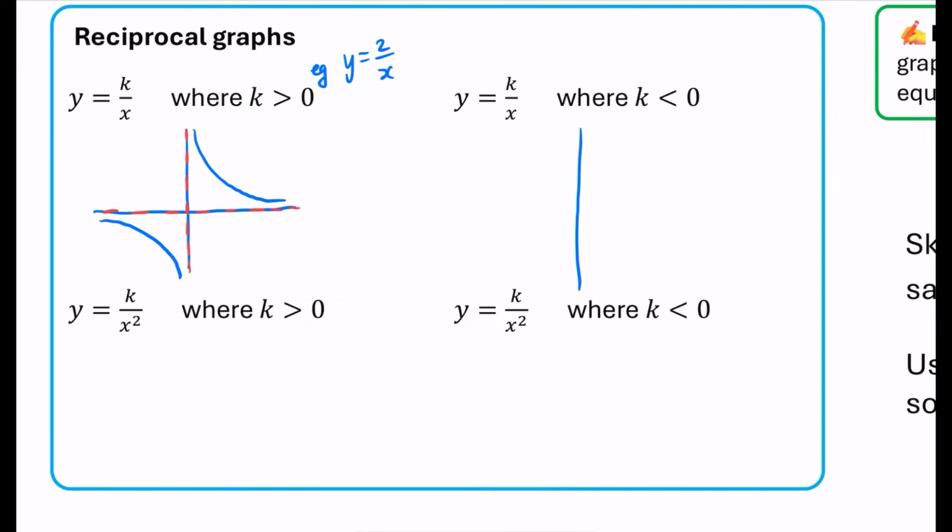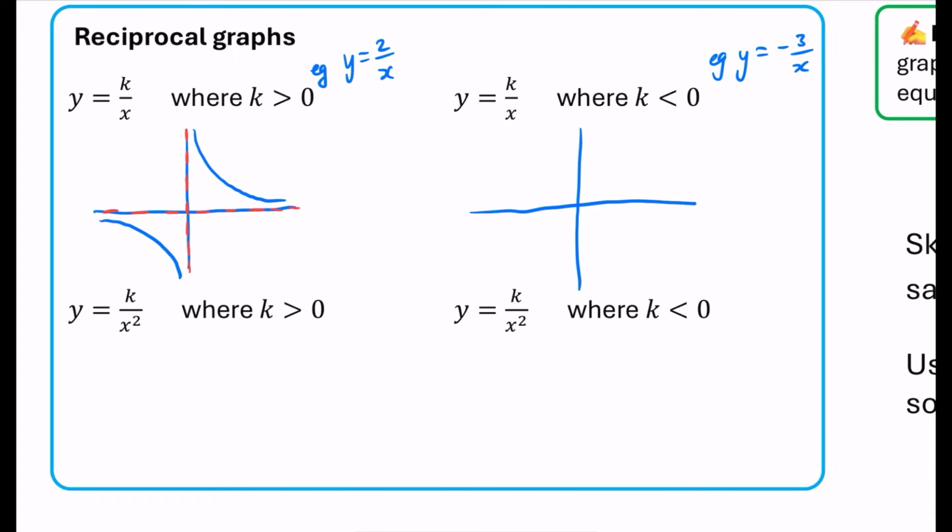Now the difference in this second graph is that we've said that k is less than 0. So this could be something like y is equal to minus 3 over x. Now if it was 3 over x, it would be further away from this one. So the bigger the numerator, the further away it gets from the axes. If it's a small numerator, it would get closer towards the axes.